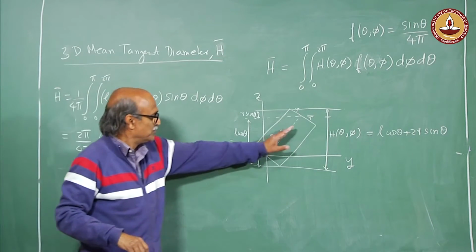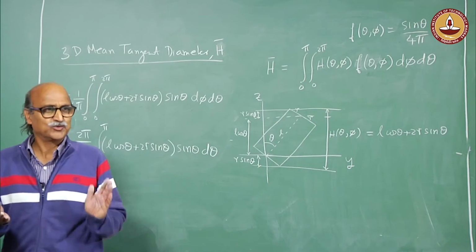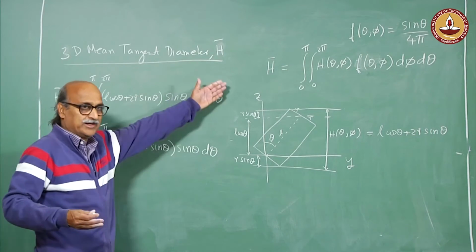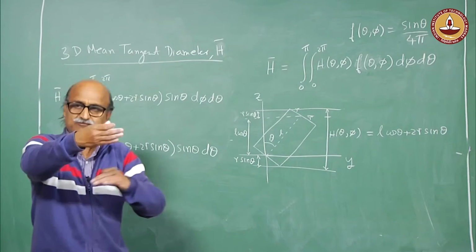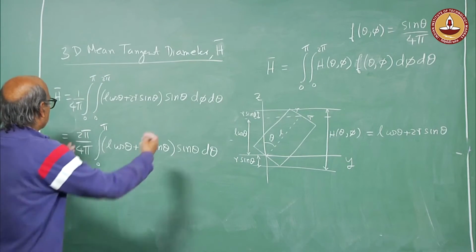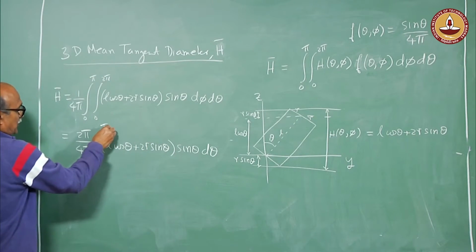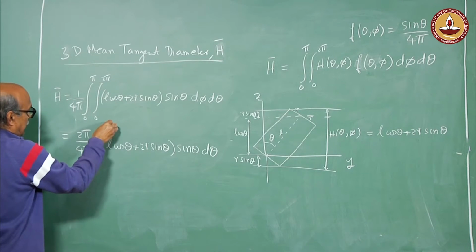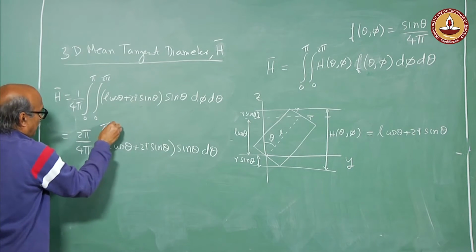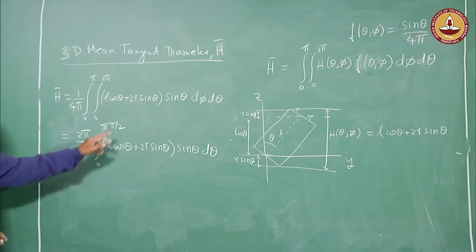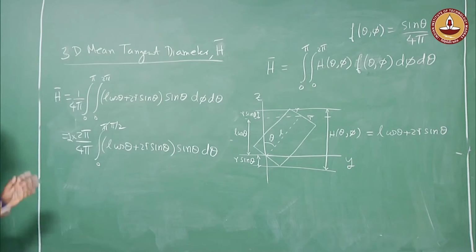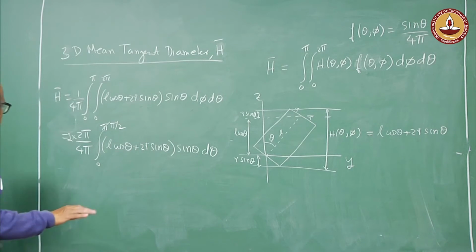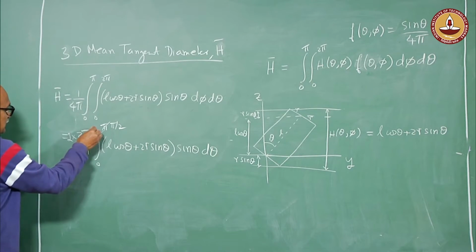Now, looking at the symmetry of this object, I do not have to integrate all the way from 0 to pi. I can split this, from 0 to pi by 2 and pi by 2 to pi would be the same. So, I change this from pi to pi by 2. As a result, I will have to add another 2 here. So, what happens?